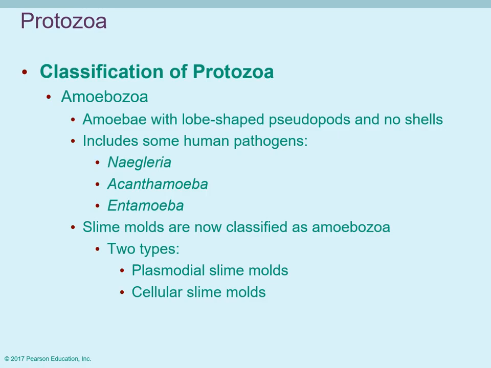And if you ingest the water, it can very quickly cause very severe problems and can lead to death. So when we talk about the diseases and the way it works, one of the big things is if you're out swimming in ponds, just close your mouth, don't drink the water. And then you also have some slime molds that are now classified within this group as well.